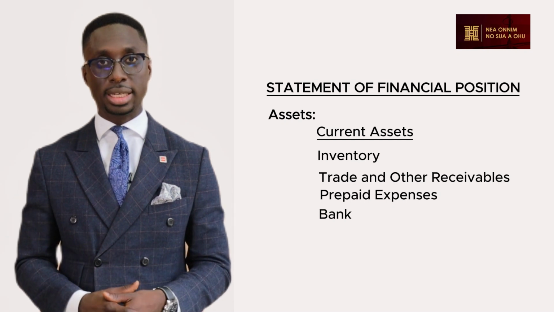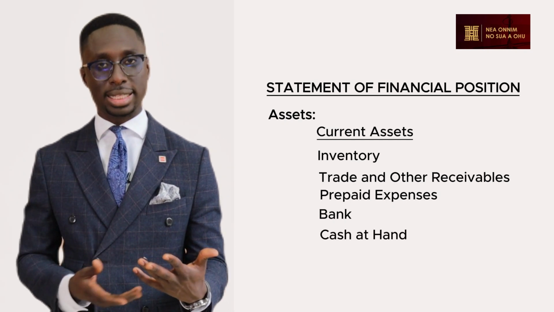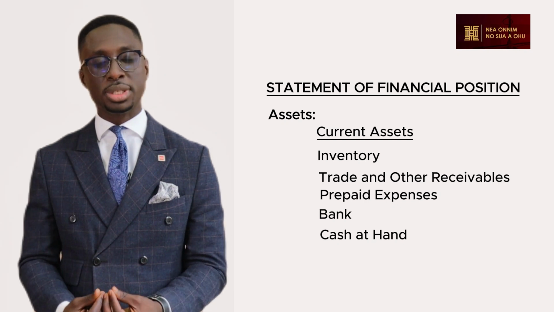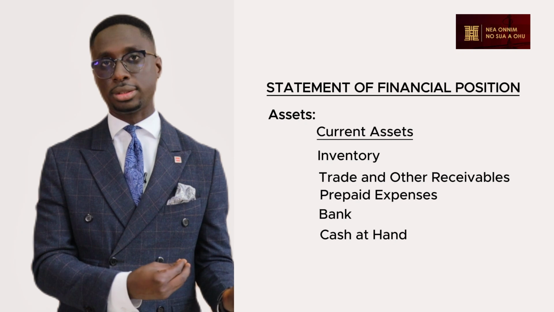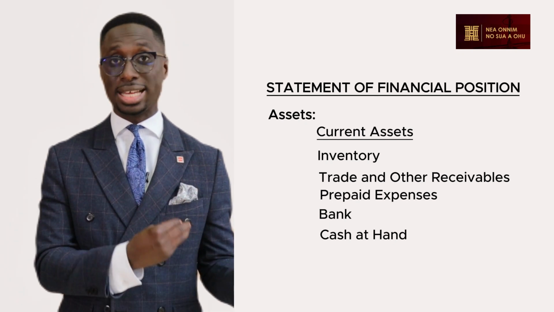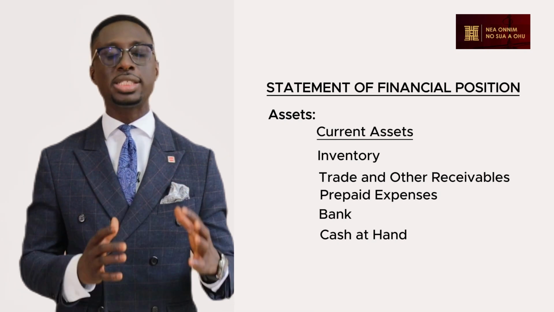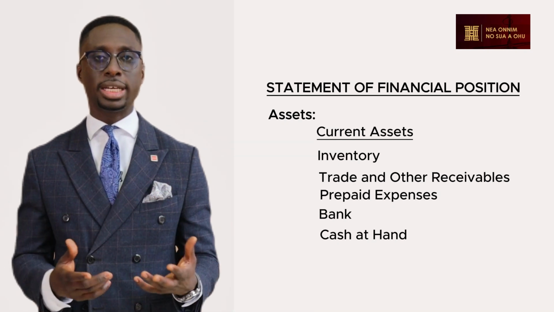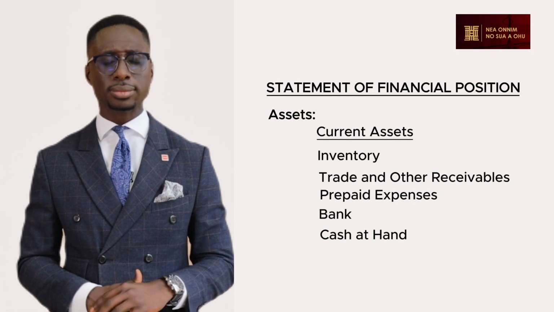So there's bank. And once you mention bank, you also mention cash at hand. So cash at hand will also be the cash that you are holding in your till or in your company, all right, that you are holding as cash. Those financial resources that you are holding as cash. So these 5 typically you would find under current assets. And so I hope this is clear.